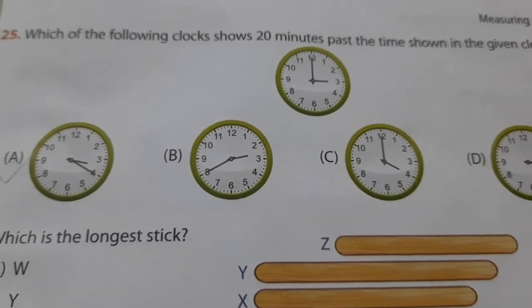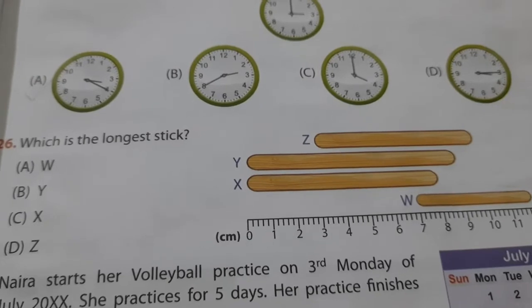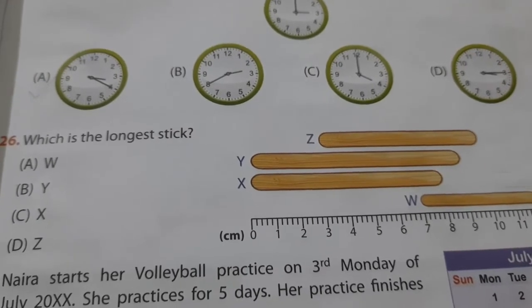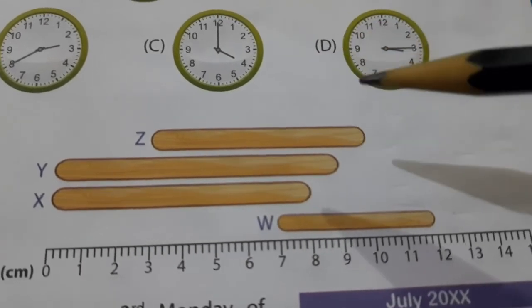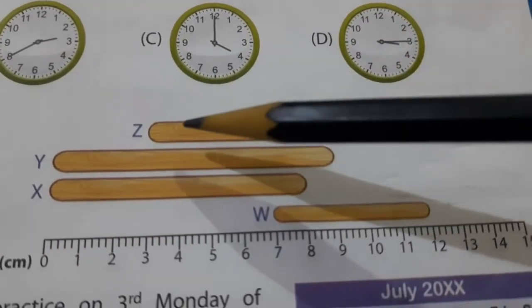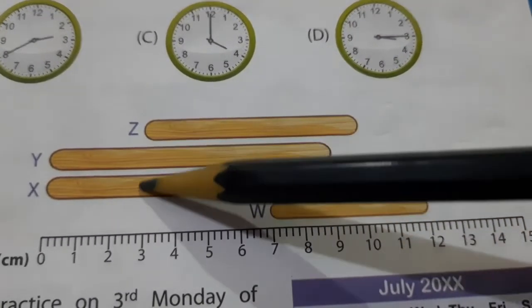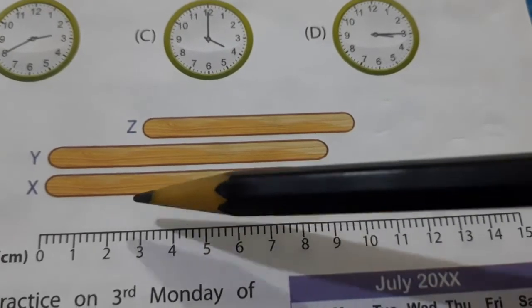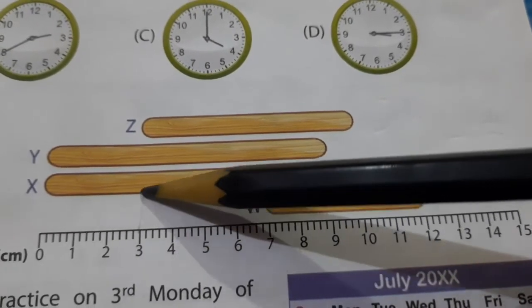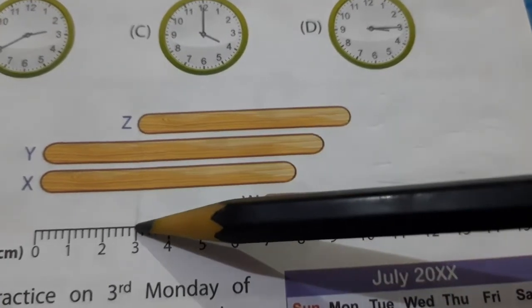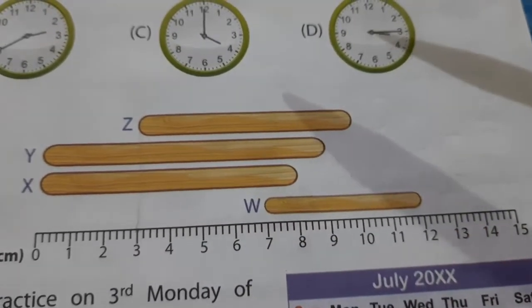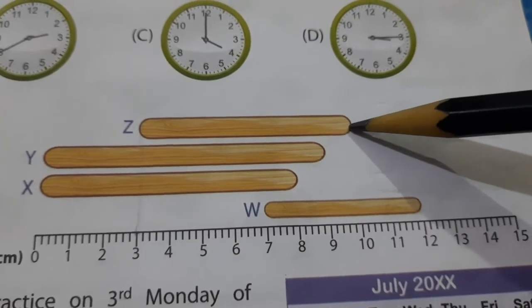Please tick it. Moving to the next question, which is the longest stick? Let us closely study the sticks given in this figure, starting with Z. So Z is starting from 3. Okay, so I would recommend you folks draw some lines of this kind in your question paper.